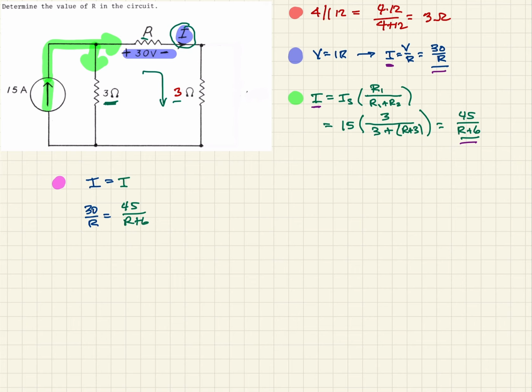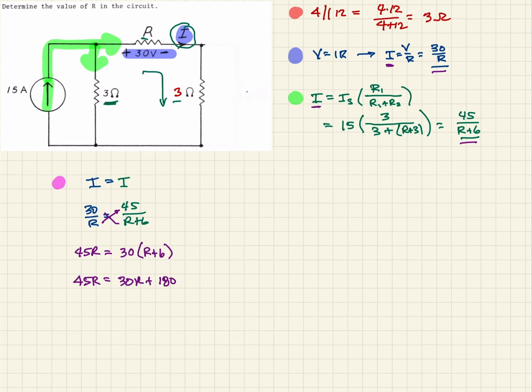Okay, from here, we can just cross multiply. So for this one, we have 45 times R, and that should be equal to this side, which is 30 times R plus 6. And so if we multiply that out, we'll have 45R is equal to 30R plus 180.